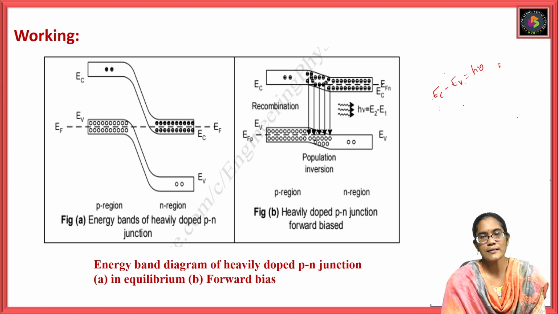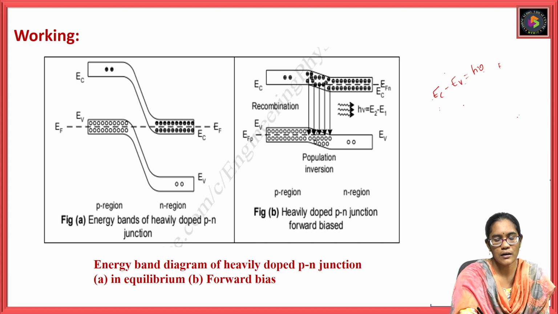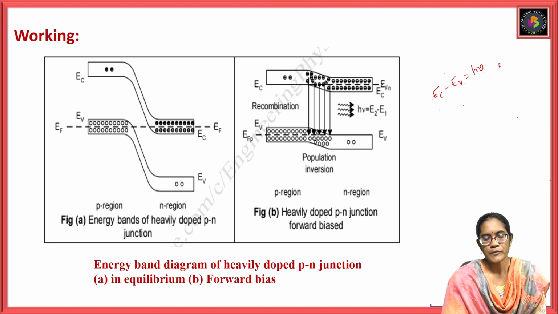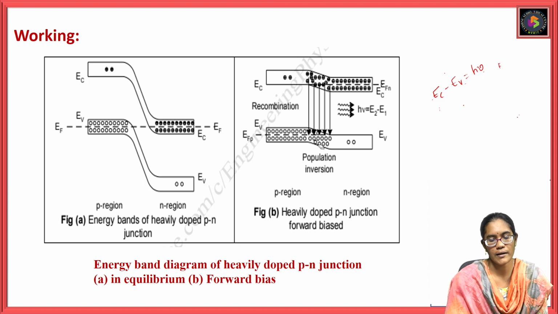If the bands get aligned, the conduction band electrons can easily cross the junction and come to the p side conduction band, and in the valency band holes can easily cross the junction and come to the n side valency band. So at the junction, more electrons are available in the conduction band and more holes are available in the valency band.